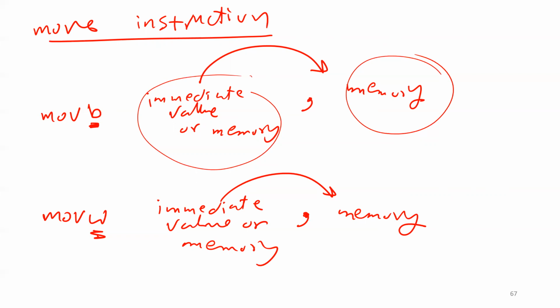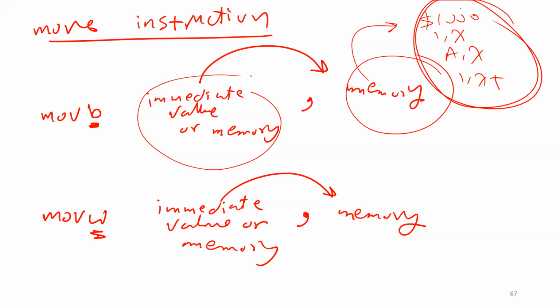Is that okay? And again, as I explained before, when I say memory location, it can be something like that. It can mean a comma x, it can mean 1 comma x plus. All of these are memory, as I explained before. So the destination has to be a memory location, one of these for sure.